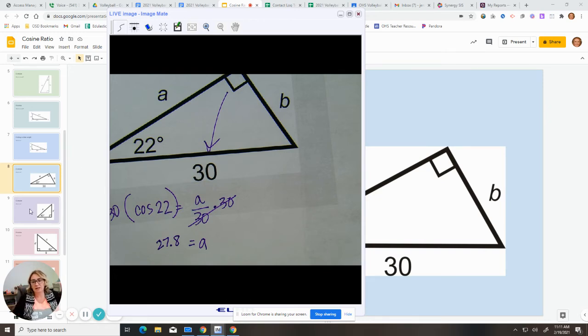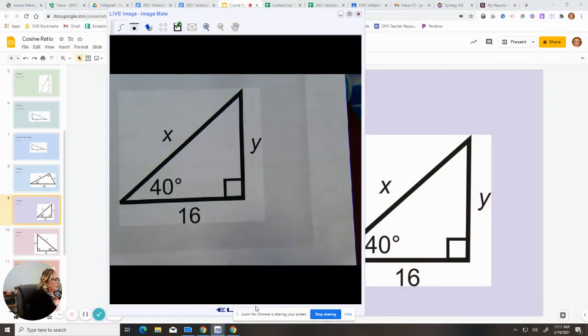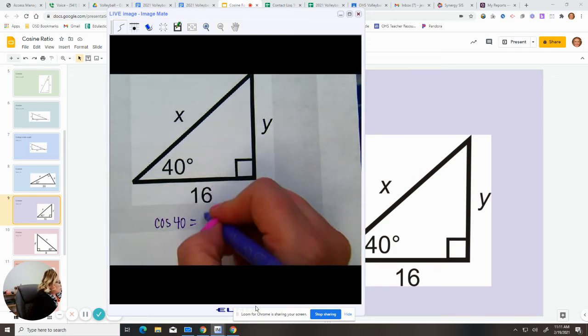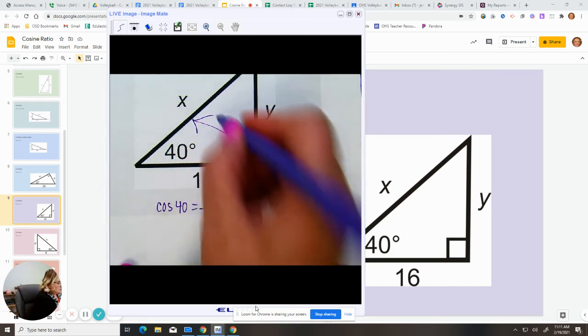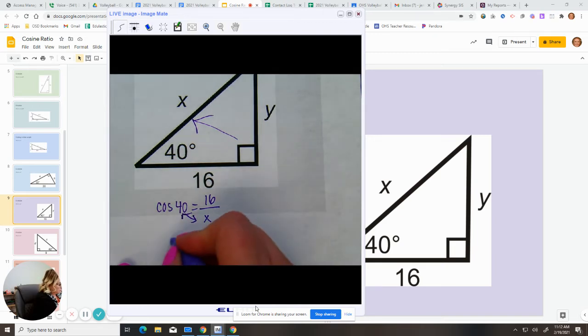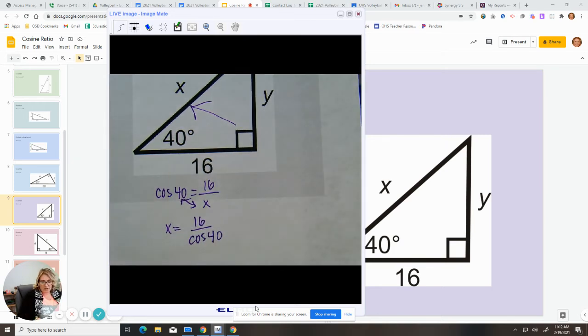So let's look at this again. Here's another example of what it might look like. On this one, there's more information than you need, but we are only concerned with X. So we're going to set this up as the cosine of 40 equals the adjacent over the hypotenuse. Hypotenuse is across from the 90 degree. We are going to flip-flop these two so that X is equal to 16 divided by the cosine of 40.